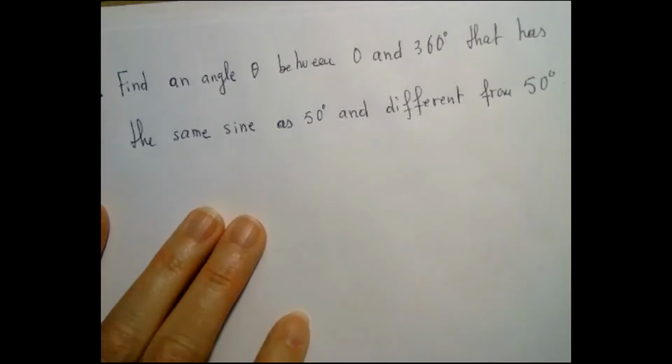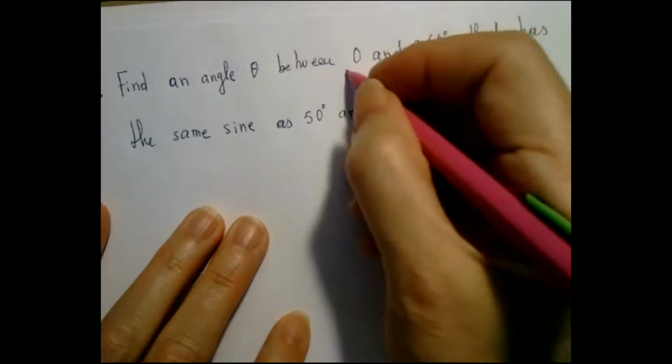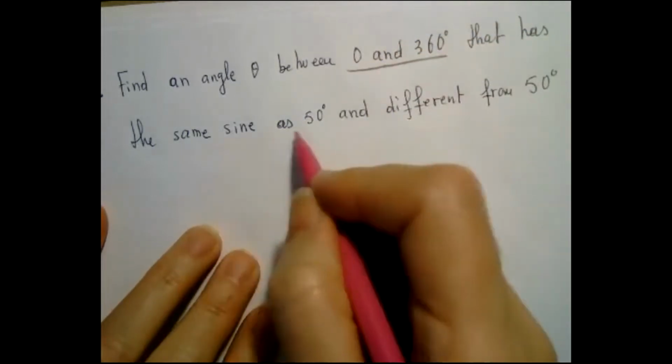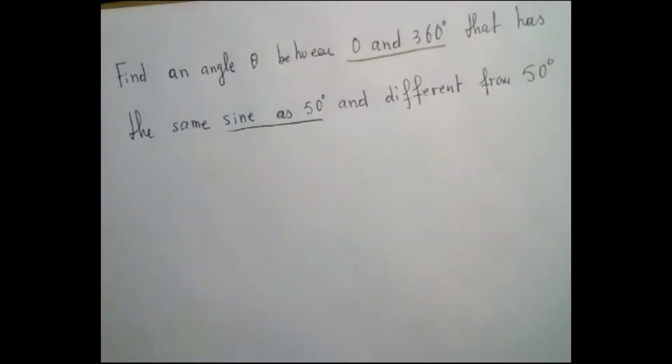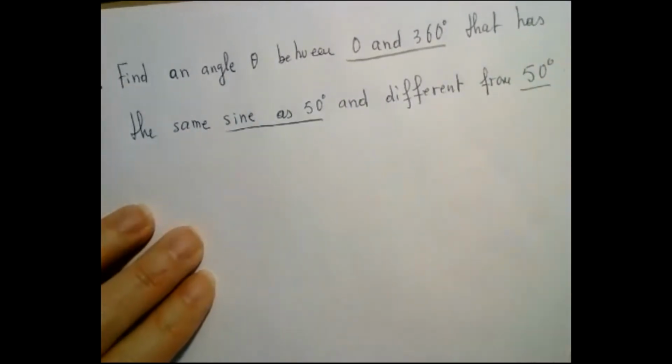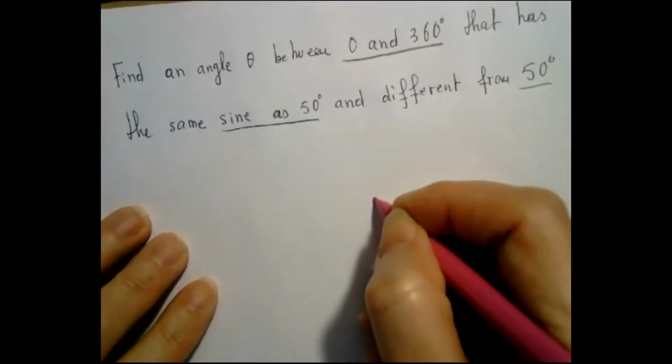So I want an angle between 0 and 360 whose sine is the same as the sine of 50, but it's not 50. How are we going to answer this type of problem? I will start the first one.